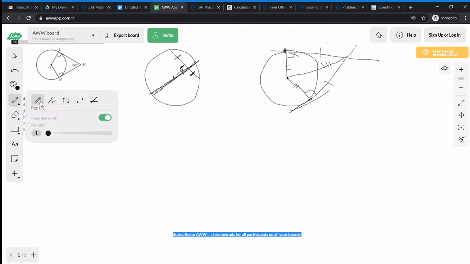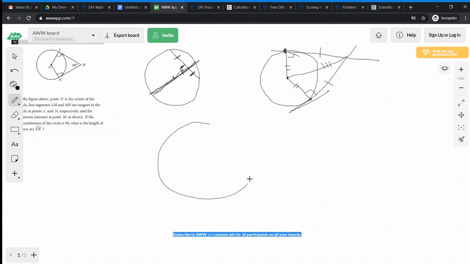So when you have a circle, if two lines intercept the same arc, because they're both intercepting this arc, and they're both on the edge of the circle, these two angles have the same measure. That's an important one that you probably need to know.